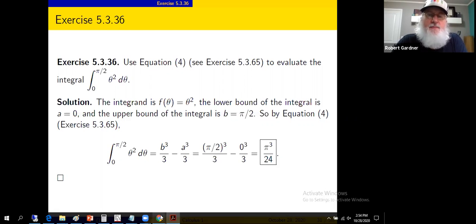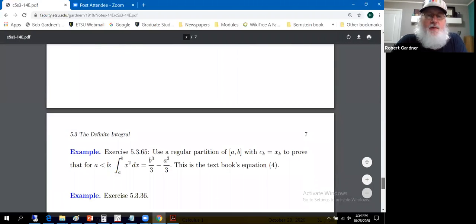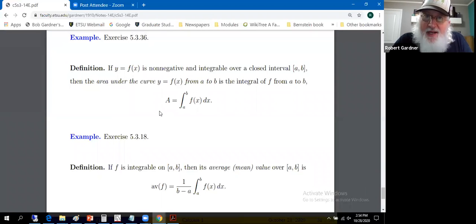Back to the notes, where we formally define, and it's all been leading up to this idea, we formally define areas under curves for non-negative functions as integrals.